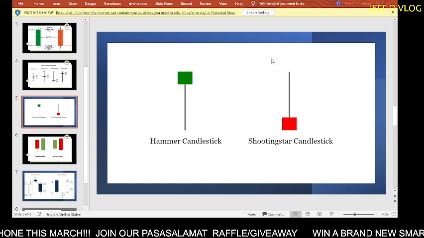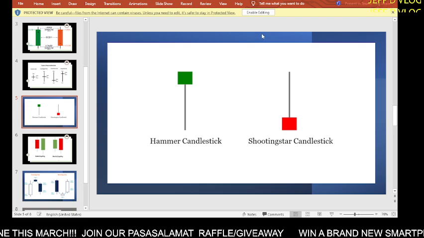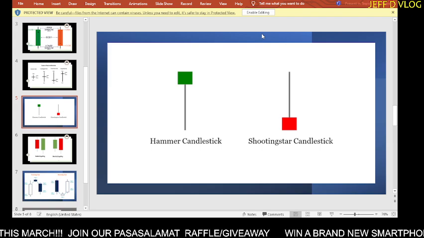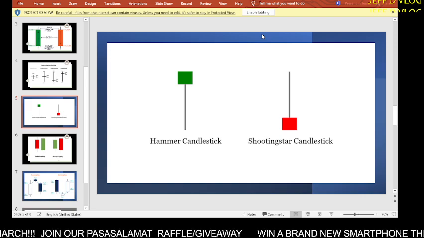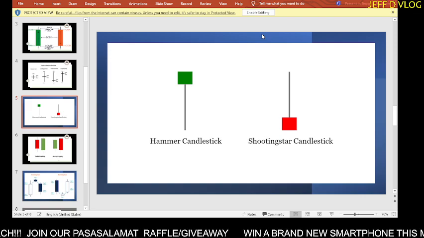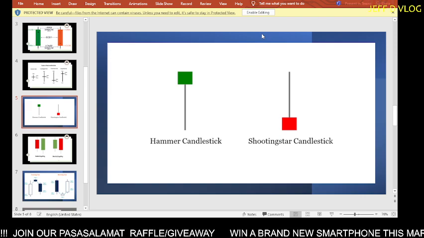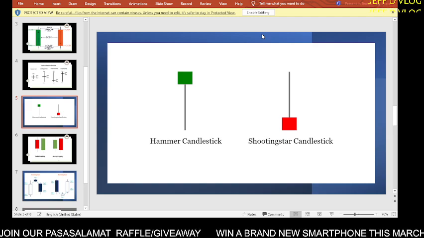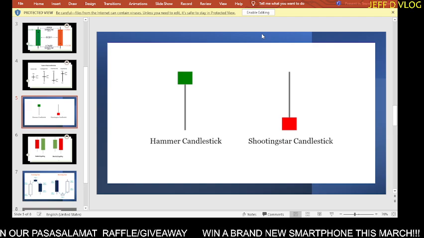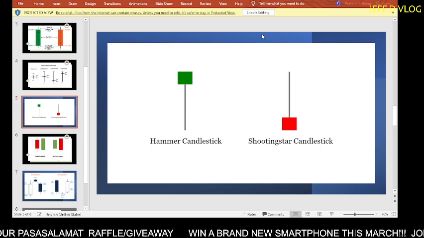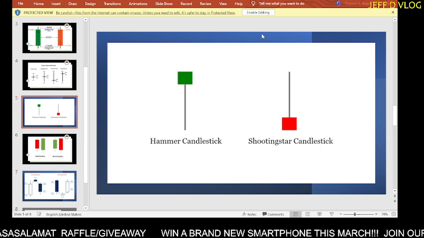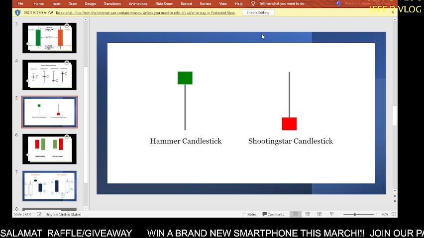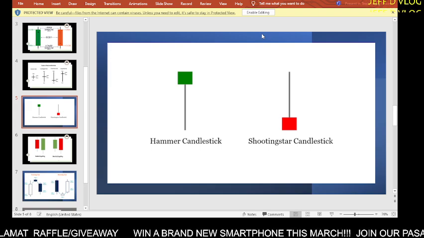Again, this is one of the most common candlesticks in the world of trading. For those who have been trading for so long, you are really familiar with this. Even if you're new, using TradingView, CoinGecko, CoinMarketCap, and other apps, you can really see this candlestick in the middle, or maybe the latest candle that is currently showing.